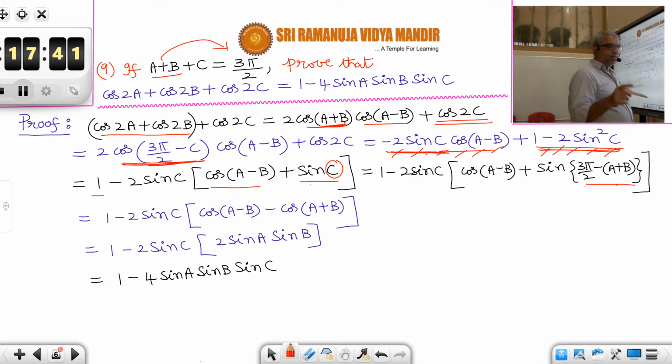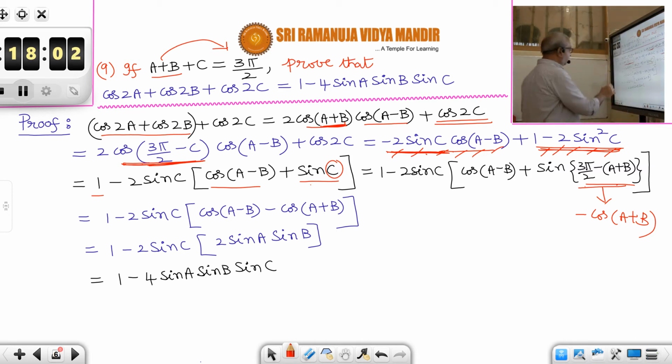Minus cos theta, sorry. 270 minus theta is an angle around the y-axis, so sine will become cos. 270 minus theta is in the third quadrant, and in the third quadrant sine is negative. So minus cos theta. So this is nothing but minus cos of a plus b. That is what is happening in the next step.